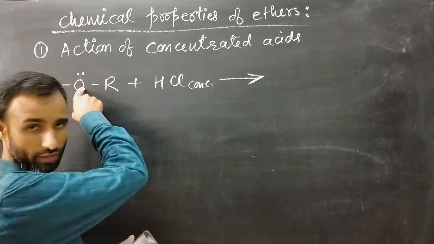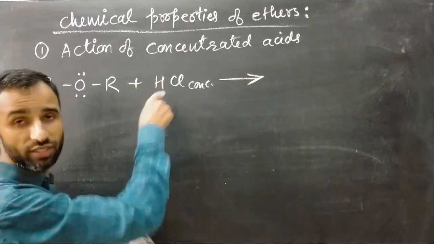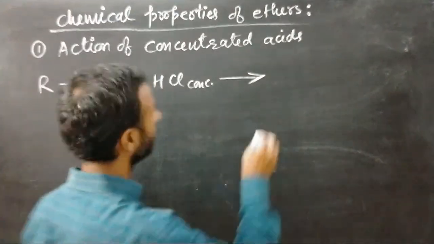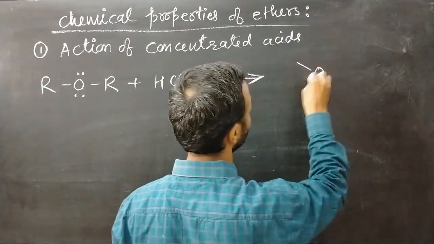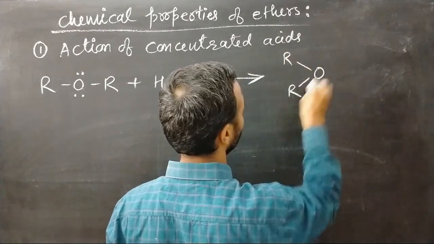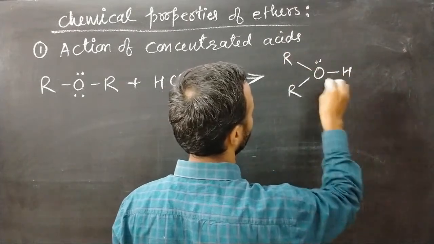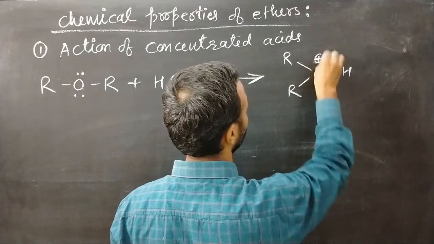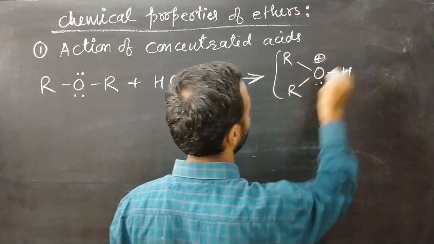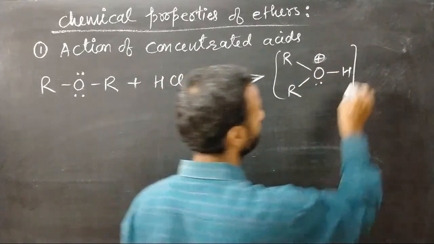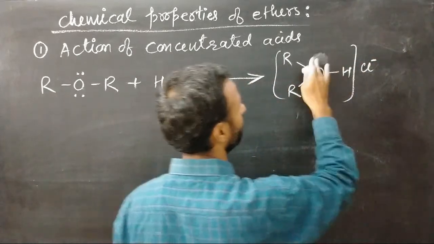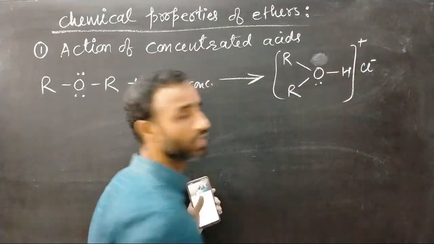It has lone pair, so lone pair will attract H plus ion, and therefore it is like this, or you can write here only.